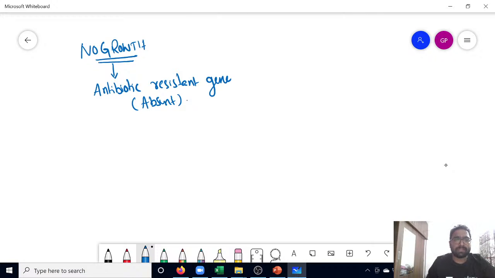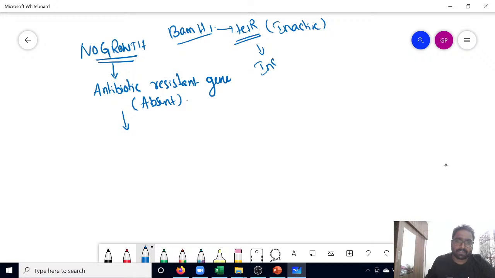Okay, which gene is absent here? See, because we used which enzyme? BamH1, na? We used which enzyme, guys? BamH1. When you are using the enzyme BamH1, where does it act? It acts on TET-R. So TET-R is inactive now. When TET-R is inactive, which is active now? Insert is present. What is our insert? Desired gene.